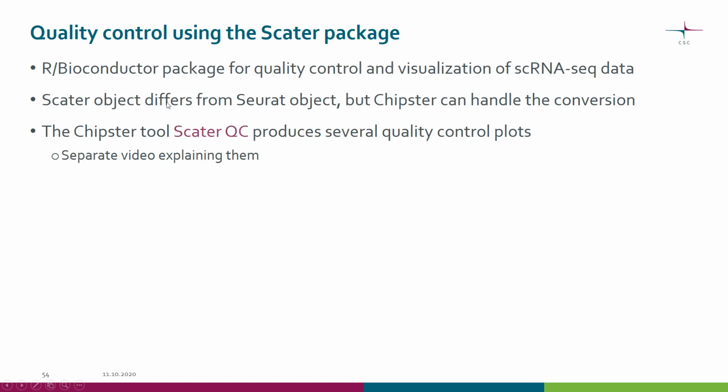The R object that we discussed so far was a scRNA object. Now we have a scATR object, and they are different, but you can give a scRNA object to scATR tools in Chipster because Chipster takes care of the conversion behind the scenes. So there is a tool, Scatter QC, in Chipster. It produces many different kinds of quality plots, and there's a separate video explaining how to interpret them.